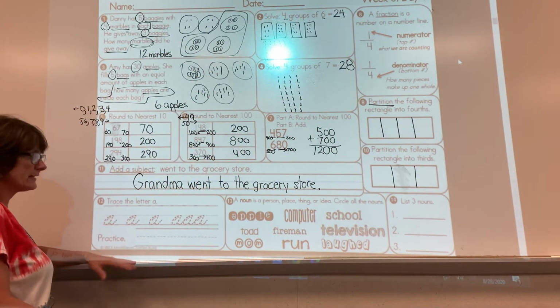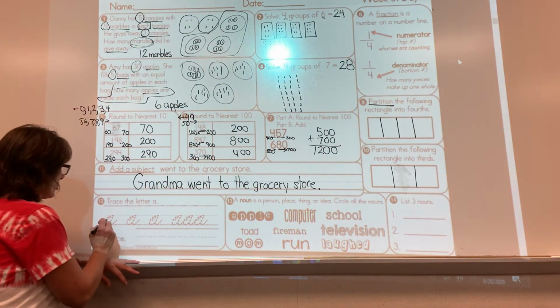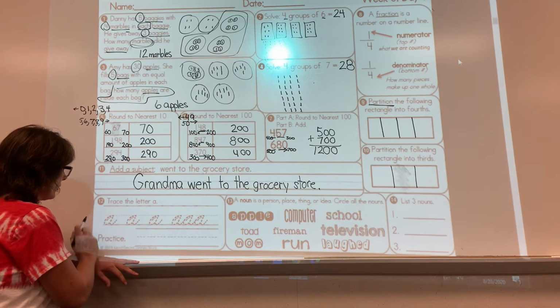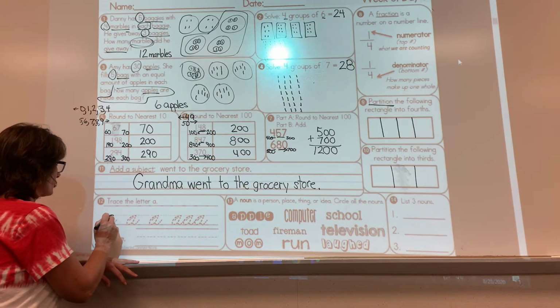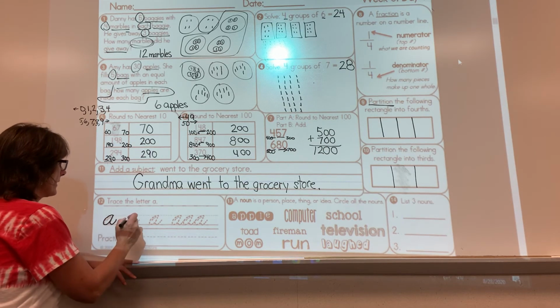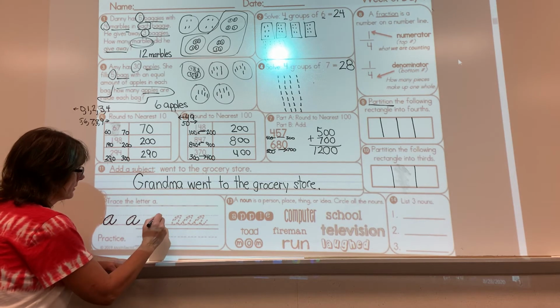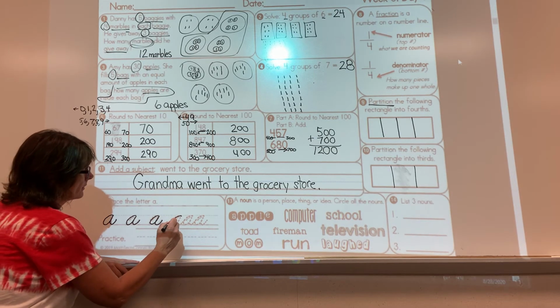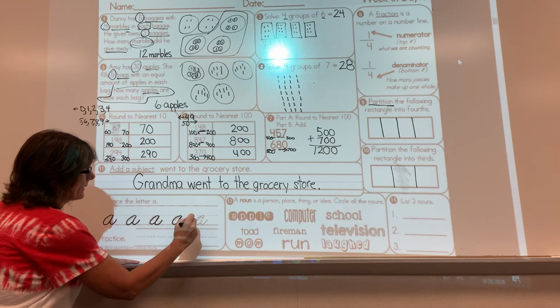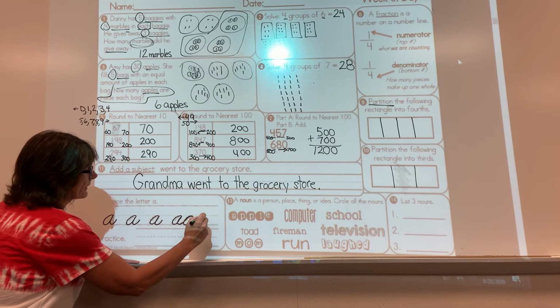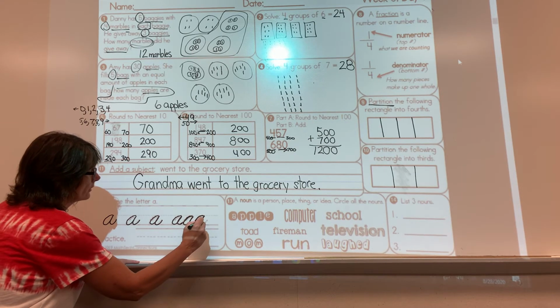And it is getting into cursive. So they show you a little arrow, and where that arrow starts is where your pencil should start. And for an A, you just go down and back up. So just practice making your A's. Oh, these ones connect, so we go back up and around when you connect an A, and it comes back around.